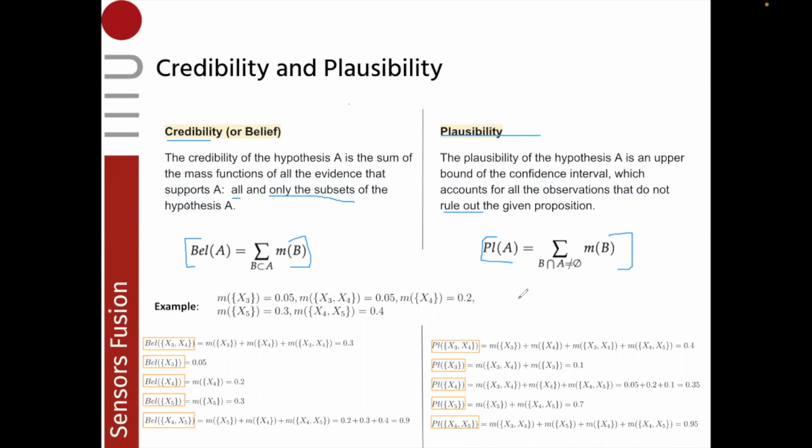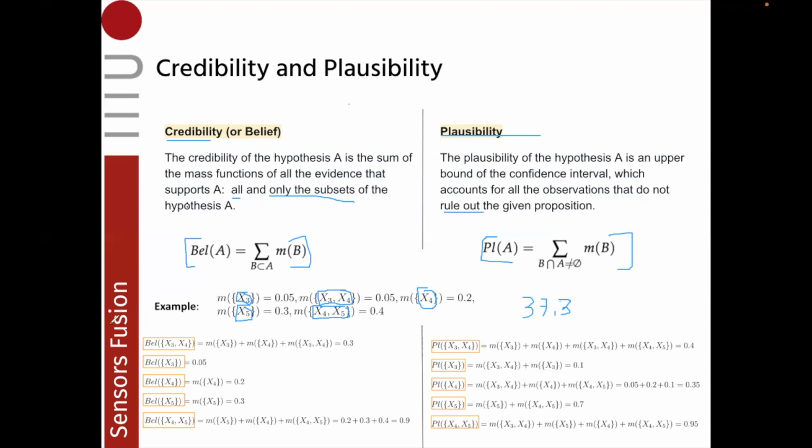Let's imagine we measure a temperature of 37.3 degrees, and actually the logic inside our sensor, we have no idea how this logic works, tells us the mass function: a certain probability that we are in the state 3, a certain probability we are in the state 5, and another in the state 4, but we also have some uncertainty regions where we can be in both states.